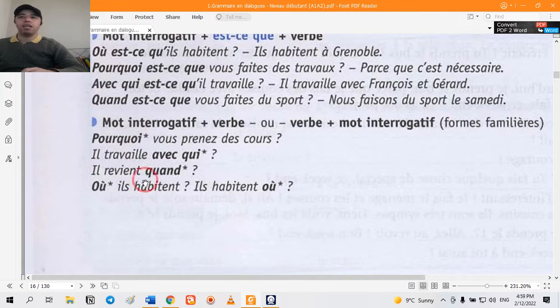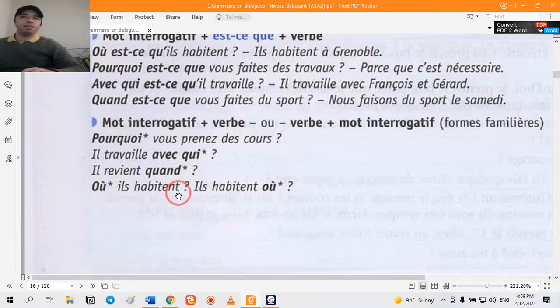Or you must practice at home, or with inversion, quand revient-il? You change the place of the verb and the subject pronoun, so it turns into quand revient-il?